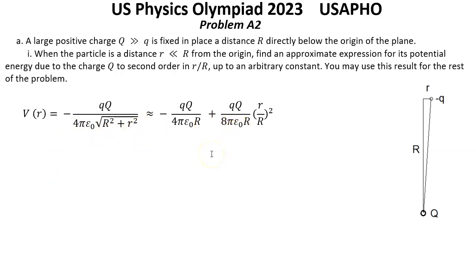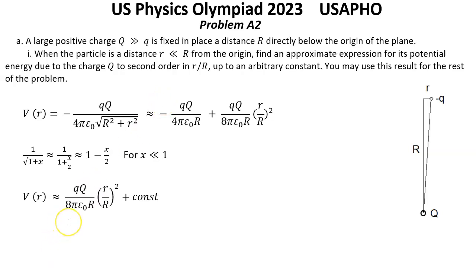Here we have used the binomial theorem for the square root, since small r is much less than big R. So we have this approximation for x much less than 1. This constant doesn't matter, so we could eventually write this as this one, which is exactly second order in small r over big R. So that was the solution for the first question from part A.